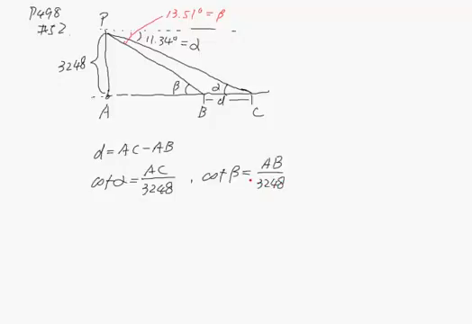Now you multiply both sides of these equations by 3248. You get AC equal to 3248 times cotangent alpha, and AB is equal to 3248 times cotangent beta.